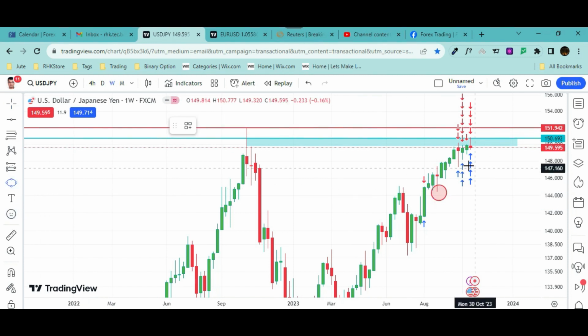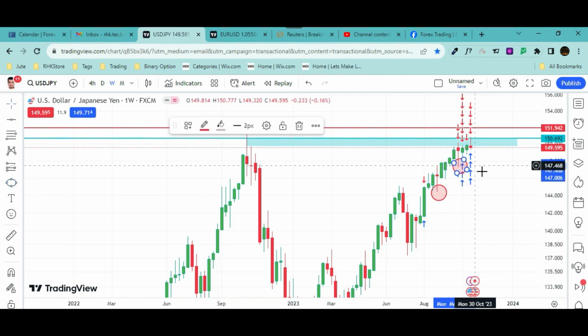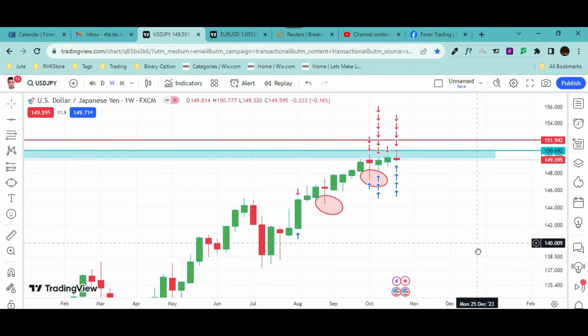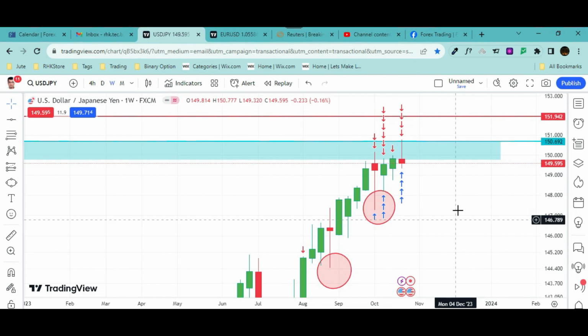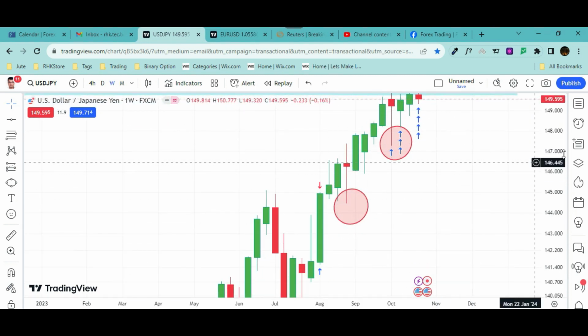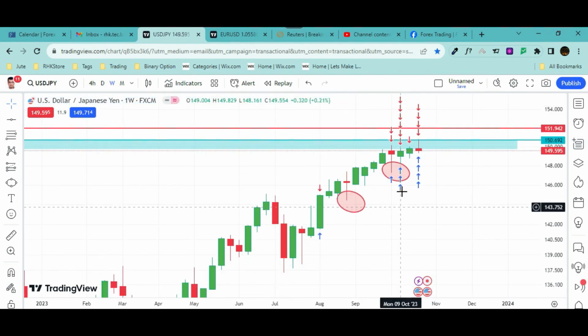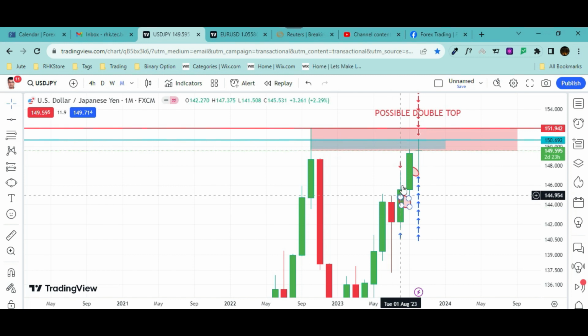If you can see, it has been rejected from here, and it got upside movement, despite the shadow being very big. If I enlarge, the shadows are very big. Why did it happen like that? If we go to month, can you see anything here? Nothing is here. We cannot understand that.